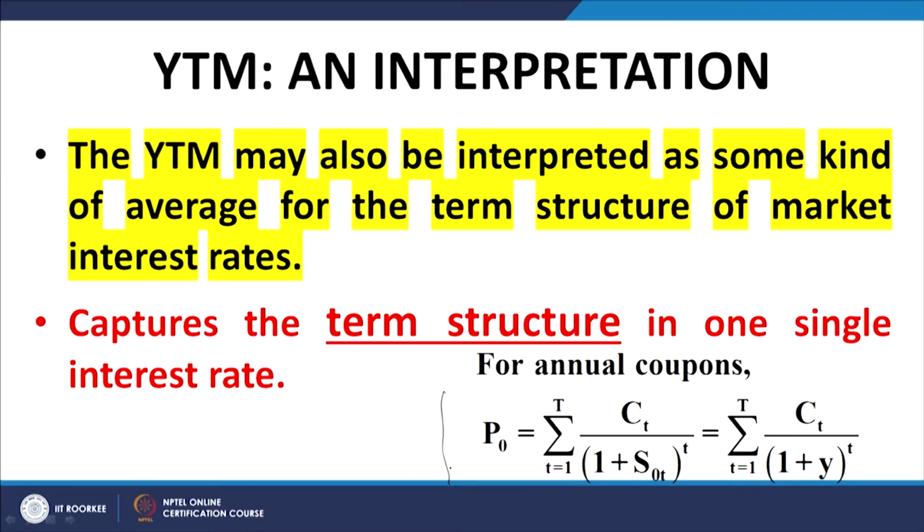It is empirically seen that the actual market gives you different rates for different maturities, and therefore I need to apply a suffix to each rate used for discounting the corresponding cash flow. C1 has to be discounted with respect to S01, C2 with respect to S02, Cn with respect to S0n, and C capital T with respect to S0 capital T.